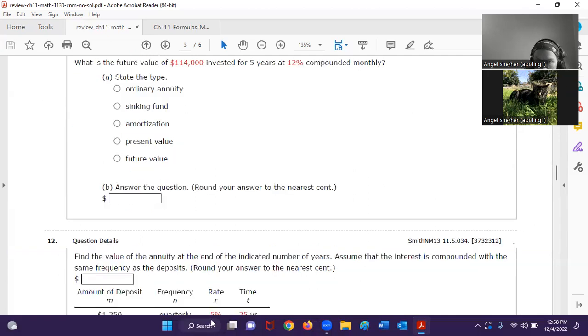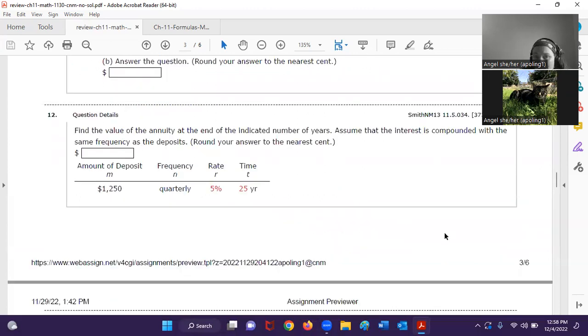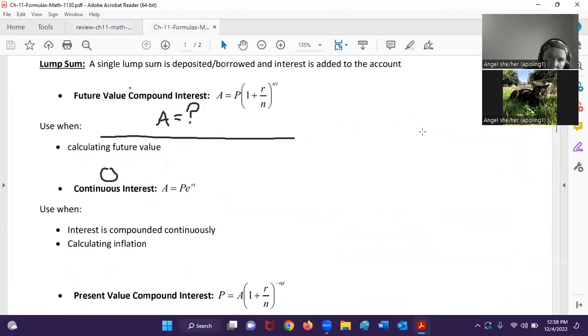In number 12, we have find the annuity. So they're telling us what to do, right? Find the value of the annuity at the end. So the value of an annuity at the end, they're asking us to find A. They have given us M. So that helps us find our equation, right? We have the formula sheet here.